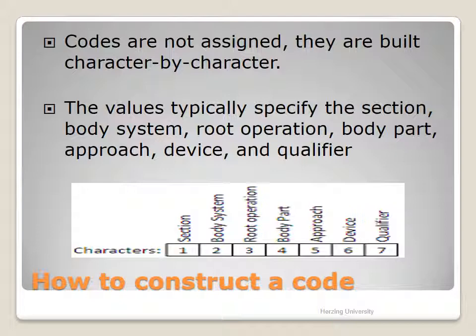They are built character by character. In ICD-10 PCS coding, you have 7 characters. You have the section, the body system, the root operation, the body part, the approach, the device, and the qualifier.